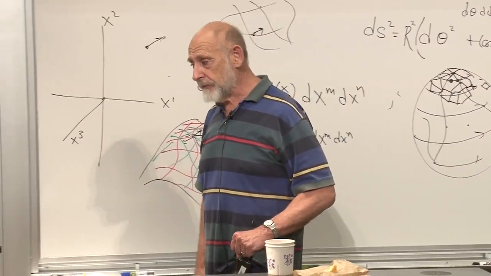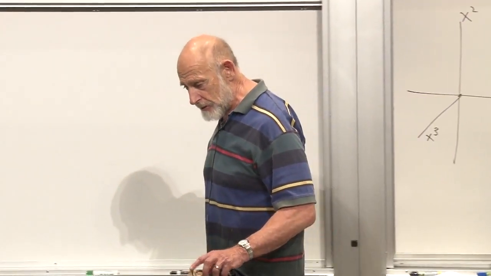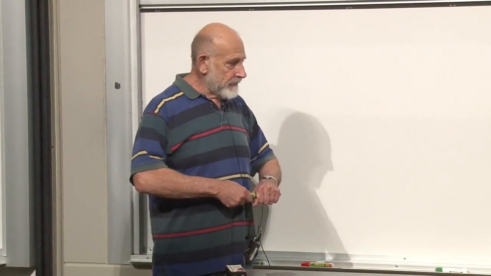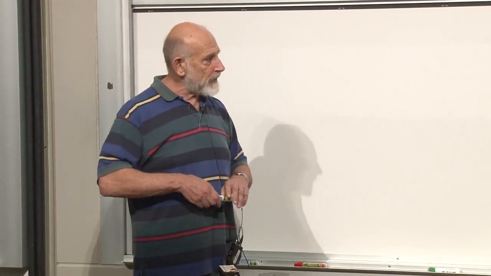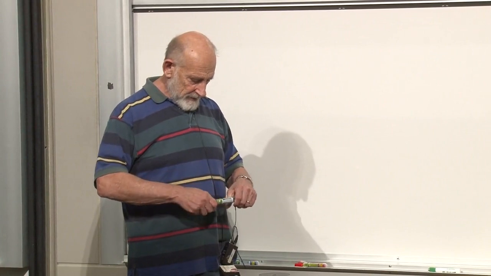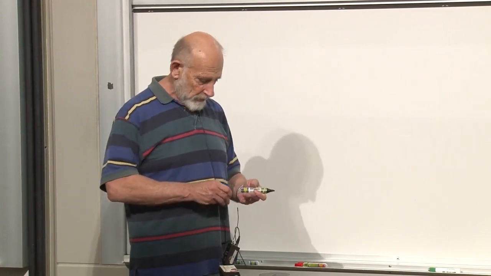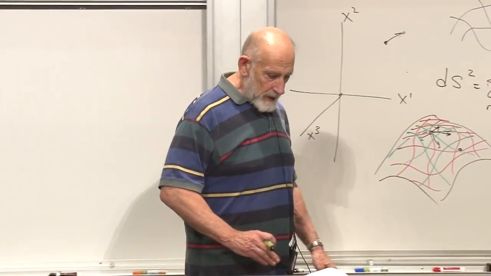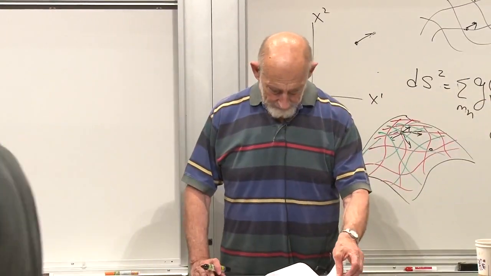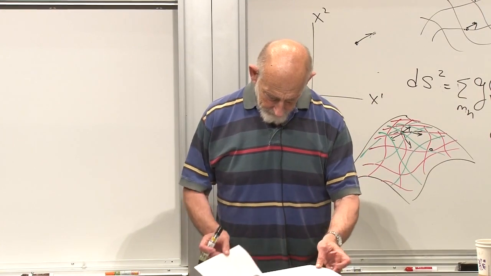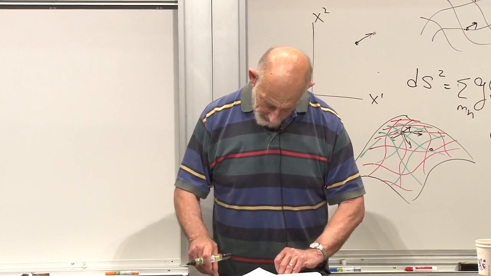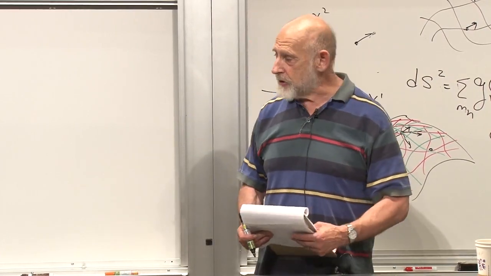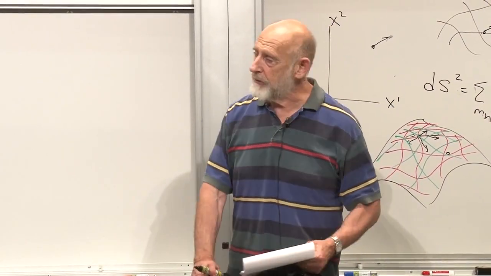For that we have to introduce notions of tensor analysis, which are rather easy. Sometimes they're a bit of a notational nuisance because of all the indices, and you can get confused by them, but I hope you won't. Okay, so let's begin with a simpler thing than g_mn of x.